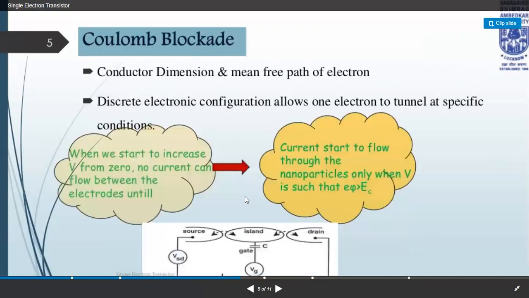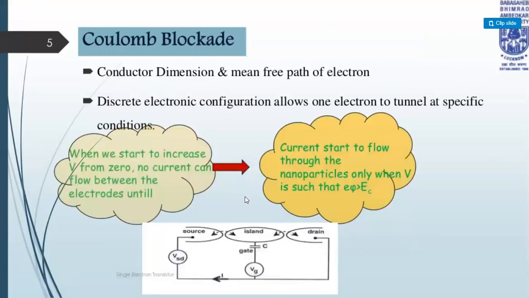Another important topic for the SET is Coulomb blockade. So what is the Coulomb blockade? The conductor dimension and mean free path of the electron, with a discrete electronic configuration, allow one electron to tunnel under a specific condition.